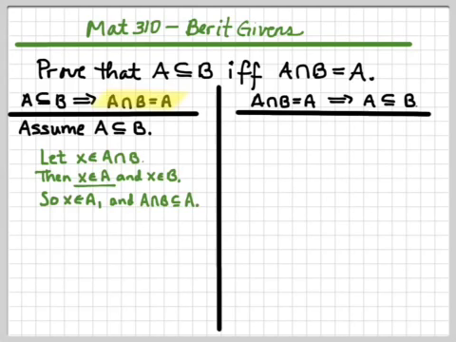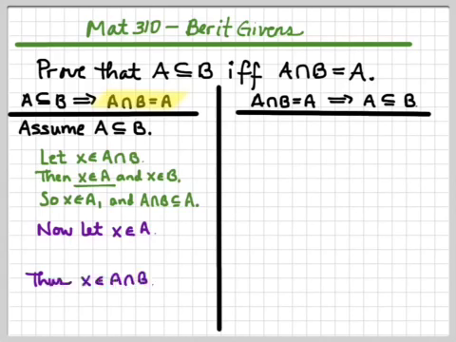Now I want to do the other direction of that highlighted equation. So I'll start with let x be in A. Okay, and I want to end this part with x is in A intersect B. So I'm doing the subset the other direction of that highlighted equation. Well, I know that x is in A from the beginning. I need to show x is in B, and here's where I can use my hypothesis.